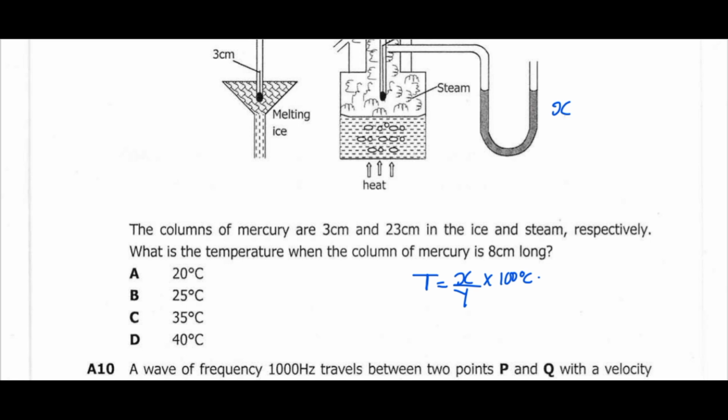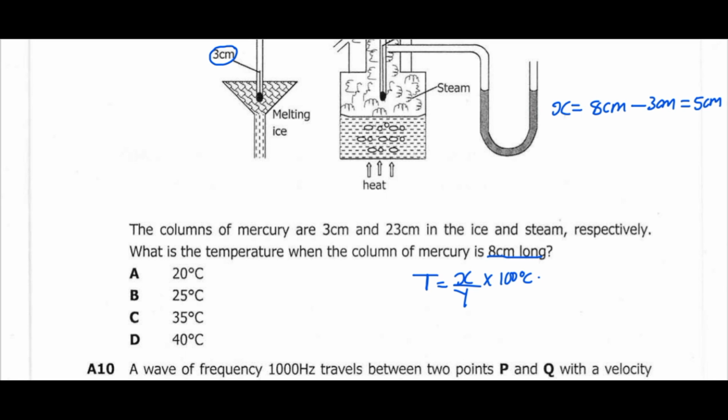X is found by taking the length of mercury, which is 8 centimeters. Always you subtract the length when the thermometer was placed in melting ice, so minus 3 centimeters, and we can see that we are getting 5 centimeters.